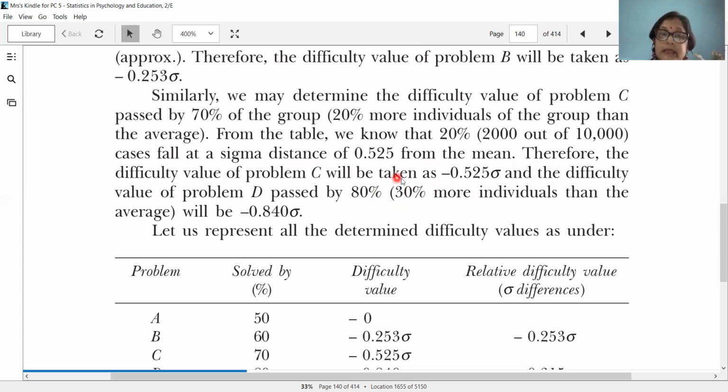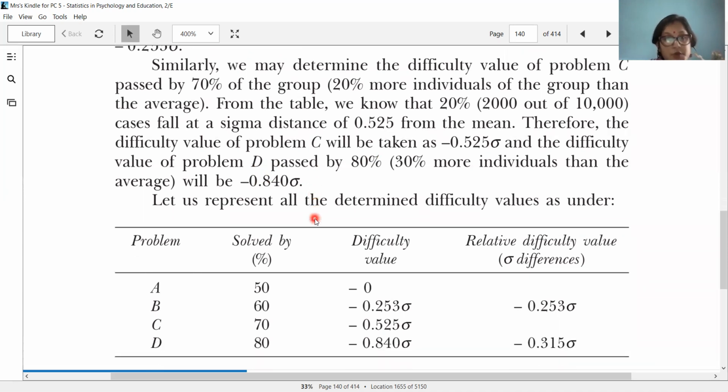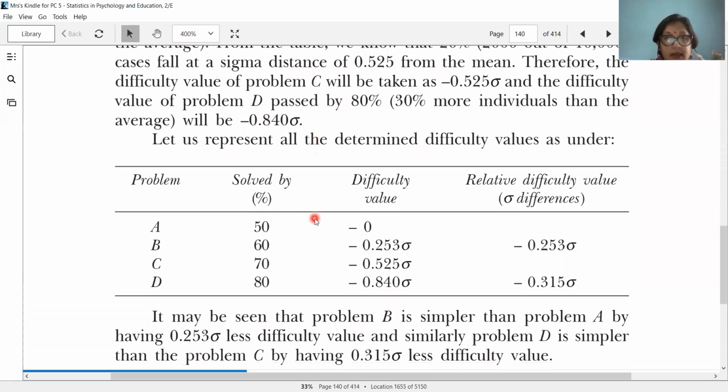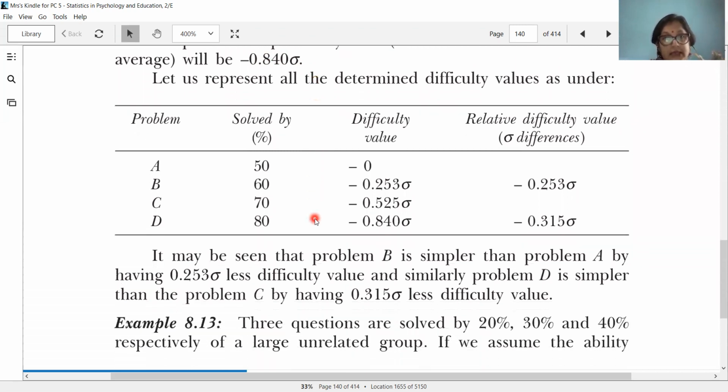By interpolating the exact value, we get minus 0.840 sigma. So the difficulty value for problem D is minus 0.840 sigma. Now, according to the problem, we need to find the relative difficulty value.